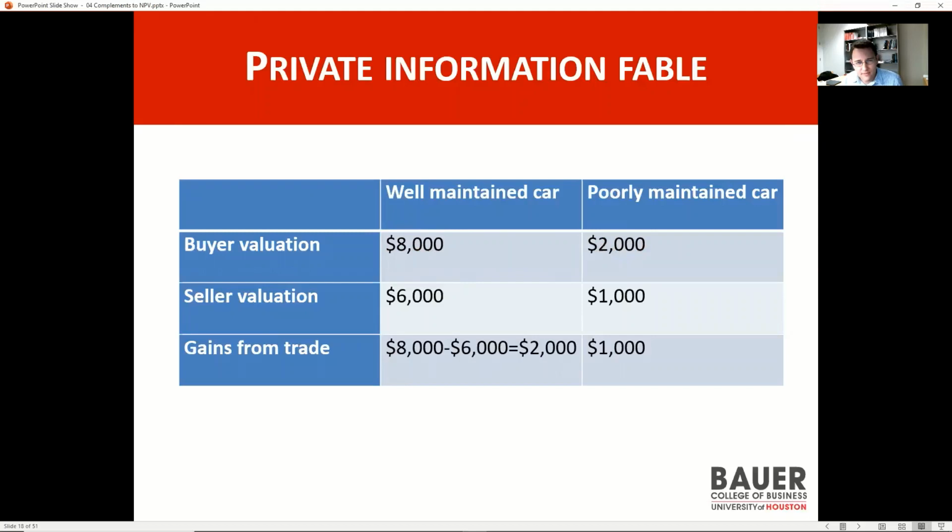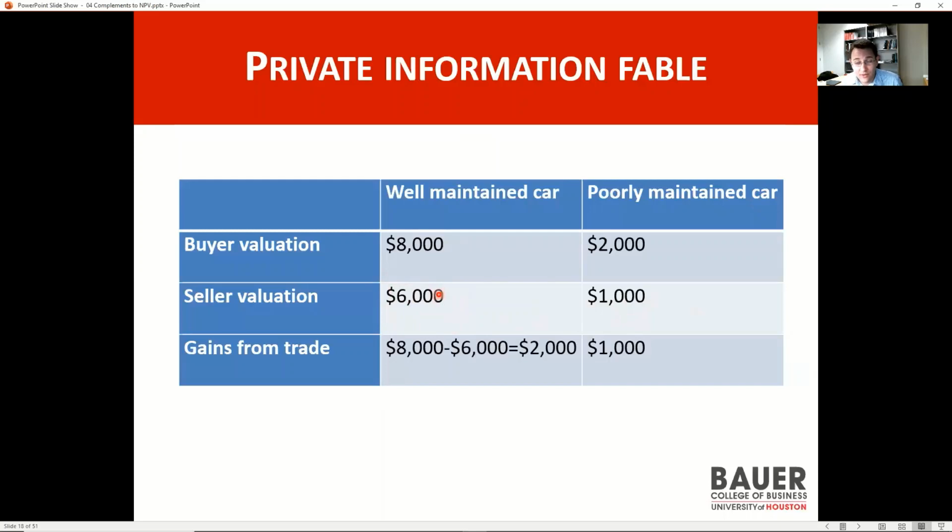What happens next? So the buyer says the car's worth $5,000. Say the buyer makes an offer for $5,000. What happens? Which seller is going to accept that $5,000 offer? Here's the problem, right? The seller is not going to take the offer if the seller maintained the car well. If the seller maintained the car, then it's worth $6,000 to the seller. The buyer only offered $5,000.